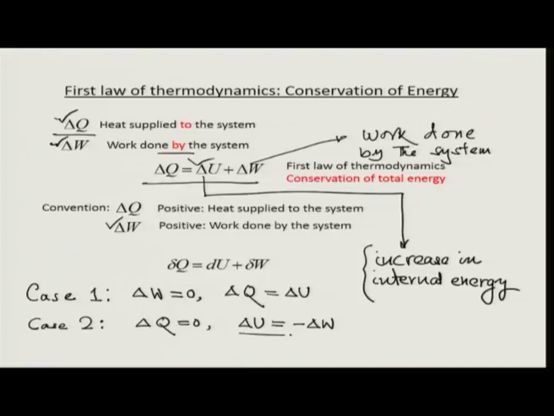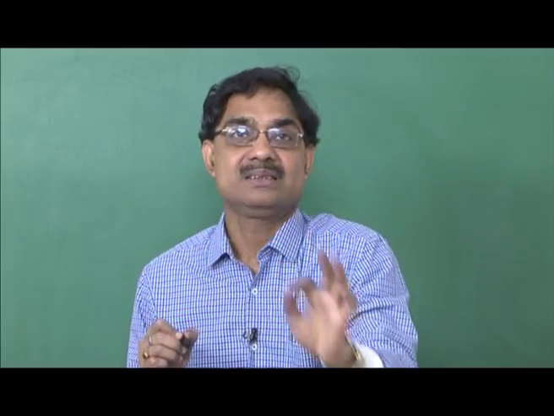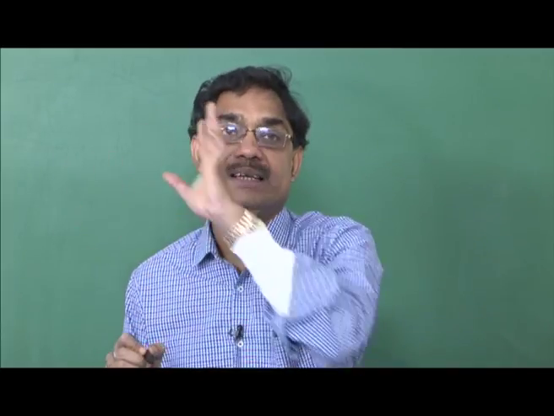Then delta U is negative because this quantity is positive. If this quantity is positive, delta U is negative, which means the internal energy of the system must go down. The system is doing some work at the cost of its internal energy.